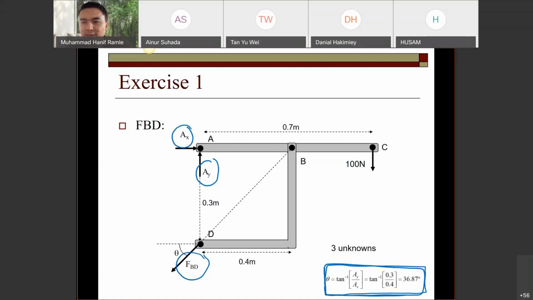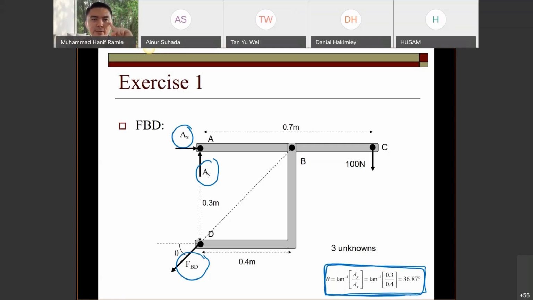Thank you, Daniel, and thank you, Nur Akila. Yes, as I mentioned in the previous class, the moment is the easiest way, number 1. Number 2 is you have to take a moment about the point that eliminates the larger number of unknowns.